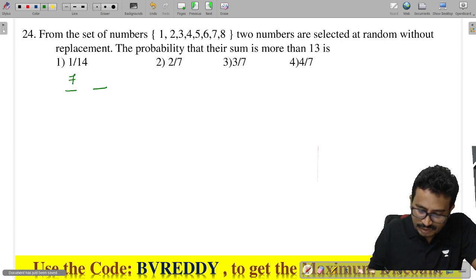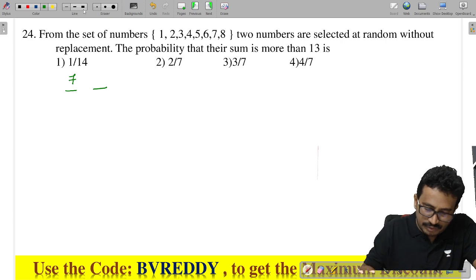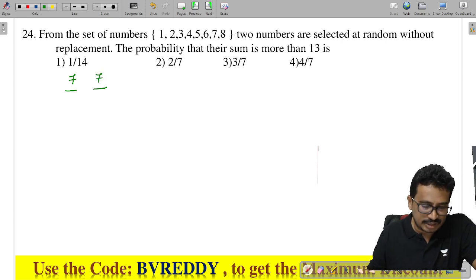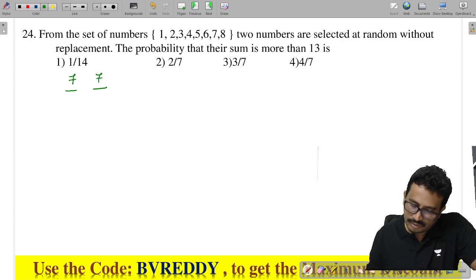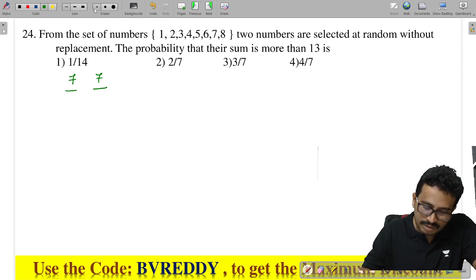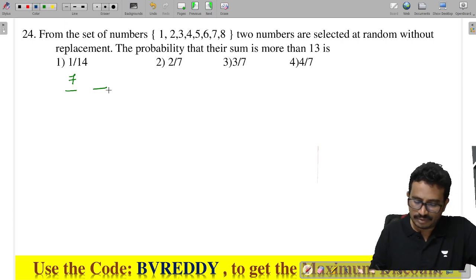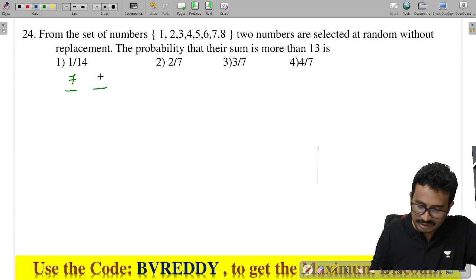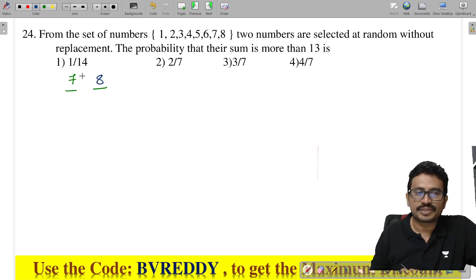So if we have taken 7, okay, if we have taken 7 comma 7, it is 14. Will it happen here? Without replacement. Without replacement means what? The number 7 has already been taken. Then what is left over? If we have taken 6, it won't work. 8 has to be picked.